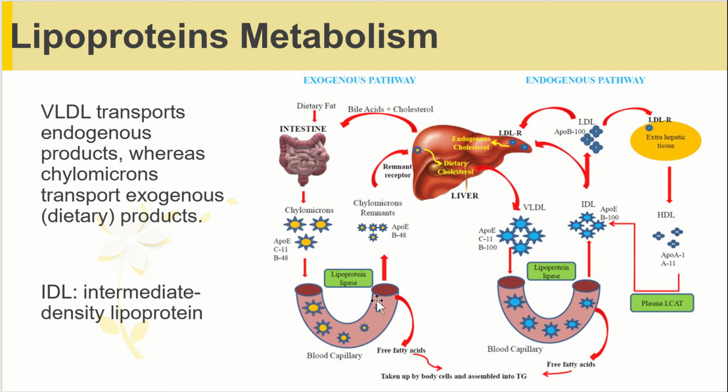So this happens in your blood capillary. The chylomicron remnants, after the lipoprotein lipase does its activity, there's a remnant receptor in the liver, and it takes in dietary cholesterol.